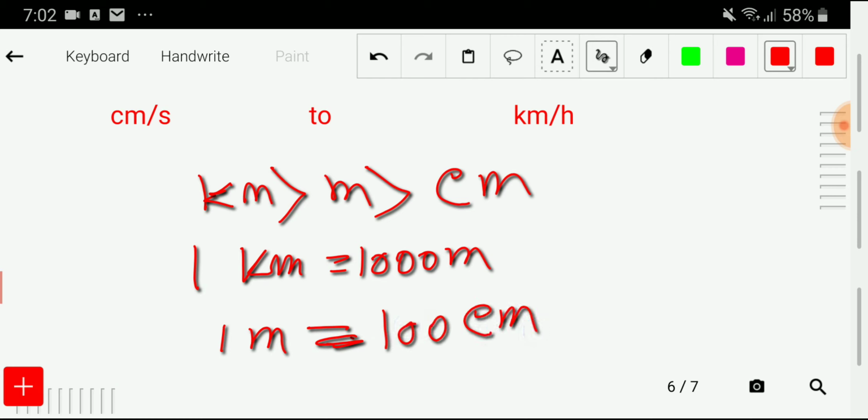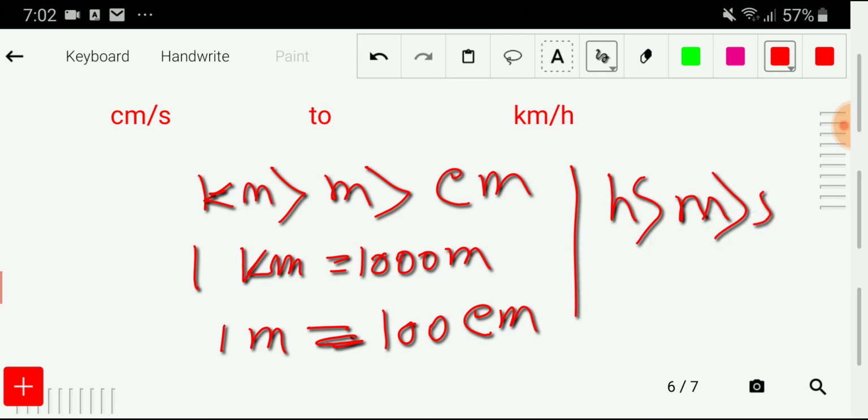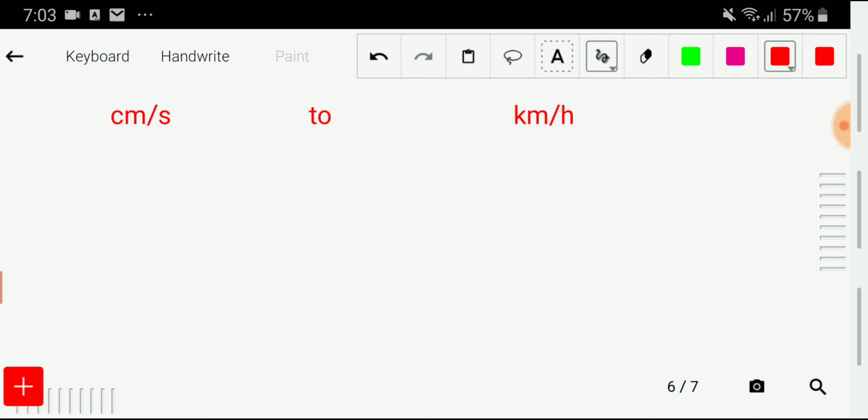On the other hand, we have to convert second to hour. We know that hour is greater than minute and minute is greater than second. So these are the basic points.